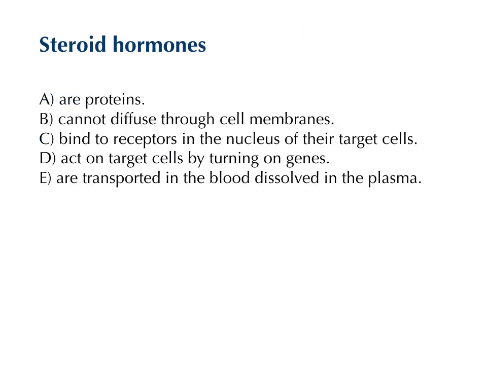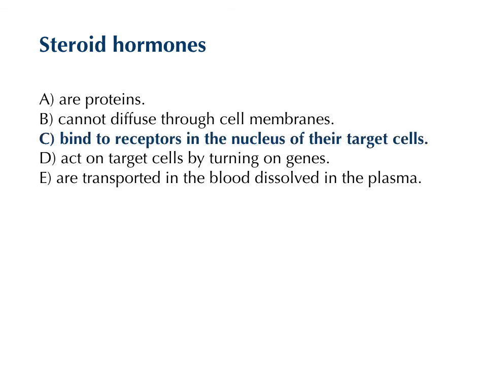Steroid hormones are proteins, or steroid hormones cannot diffuse through cell membranes. Do they bind to receptors in the nucleus of their target cells, act on target cells by turning on genes, or are they transported in the blood, dissolved in the plasma? Well, the only answer that makes sense is that steroid hormones bind to receptors in the nucleus of their target cells. They aren't proteins.